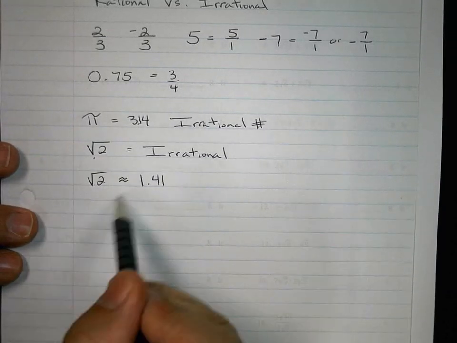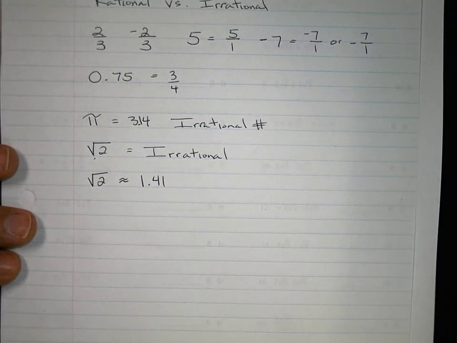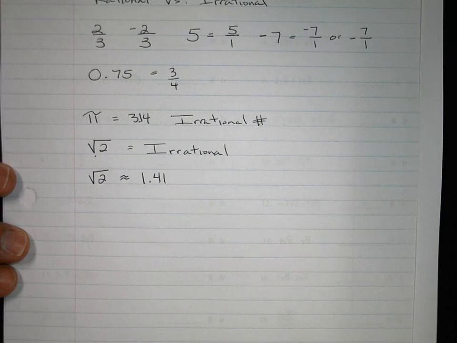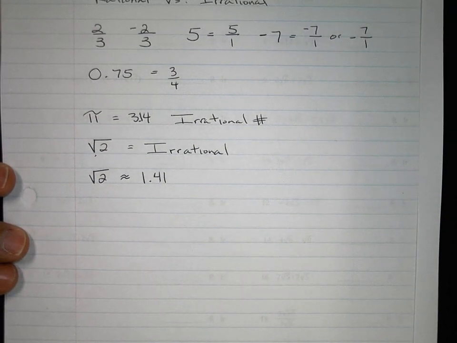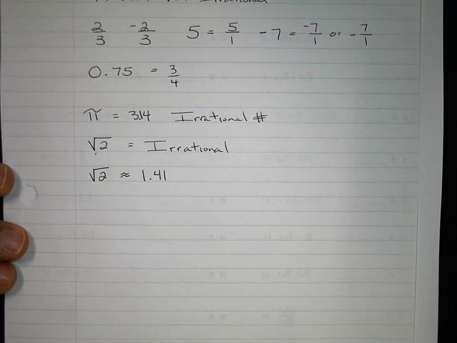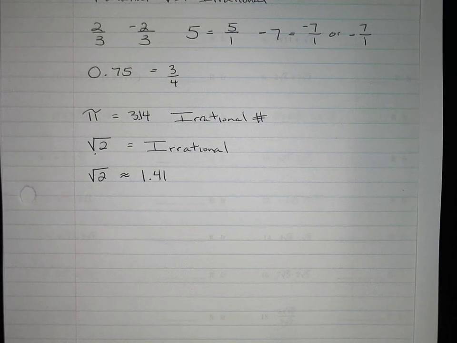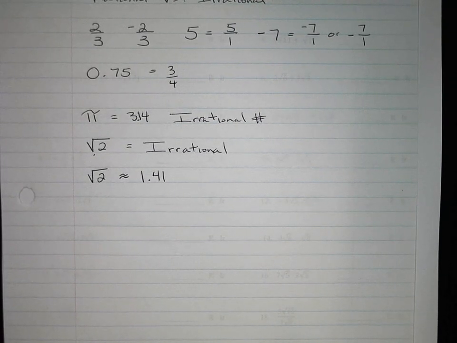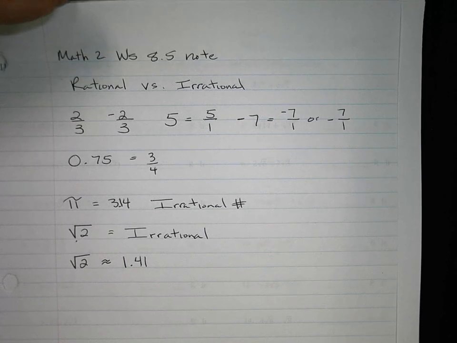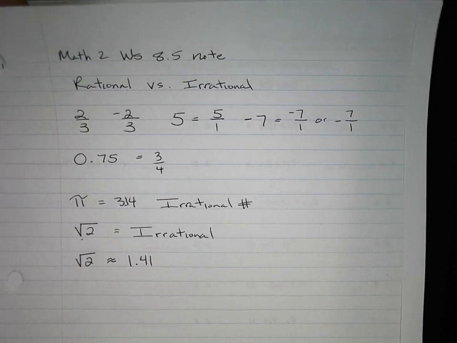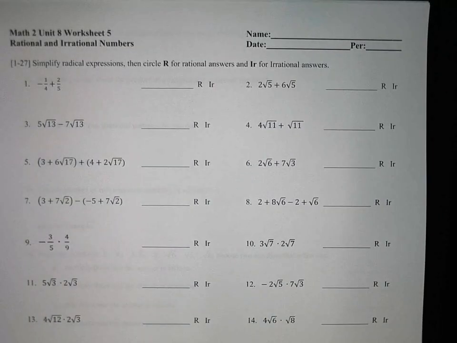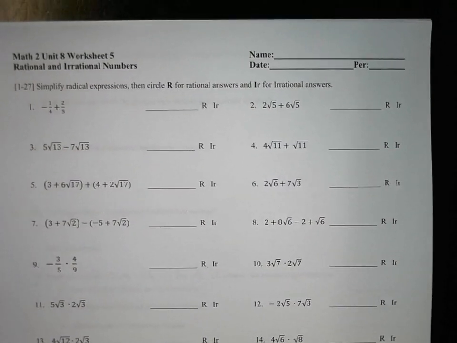So this is an irrational number. Anytime we come up with an answer that we cannot simplify, it is considered an irrational number. So let's take a look at worksheet 8.5 and simplify some of these expressions and then decide whether they're rational or irrational.